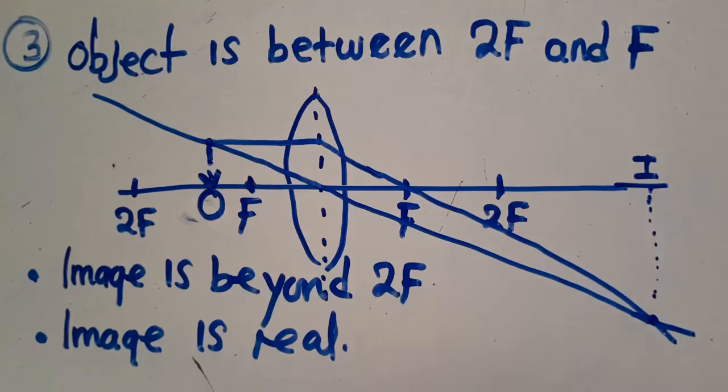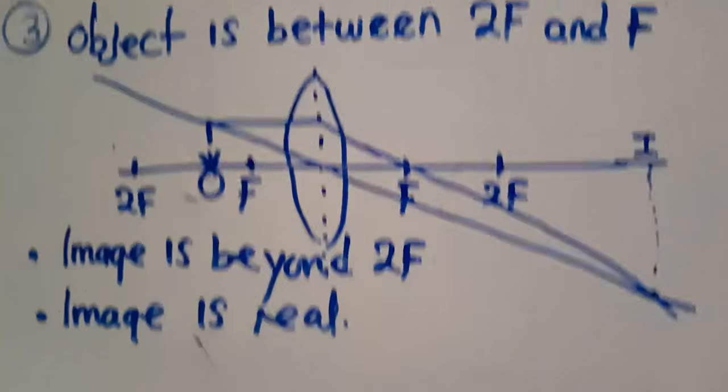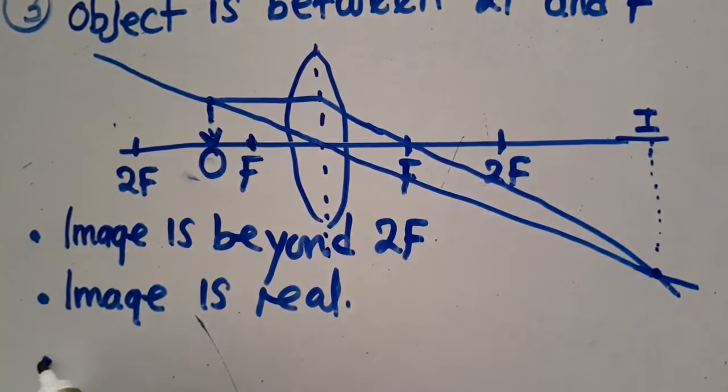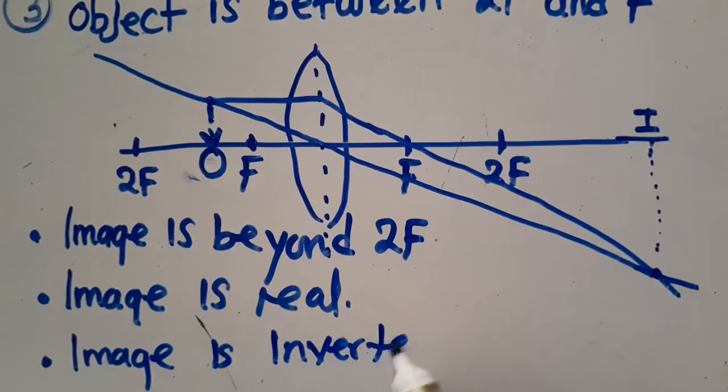So real, and the other point that I will put here is that it is not upright, it is inverted. So the image is inverted. This is what you need to understand. So when an object is placed beyond the focal point of a convex lens, a real inverted image is formed on the opposite side of the lens.